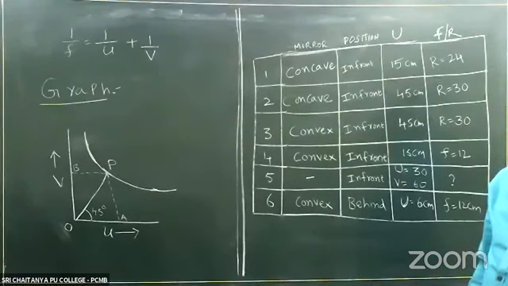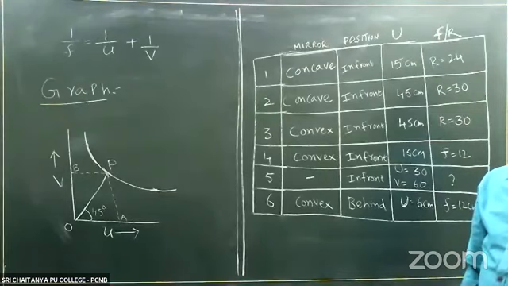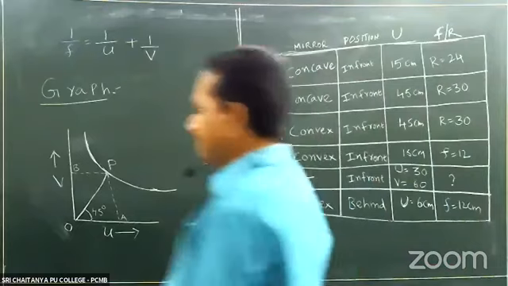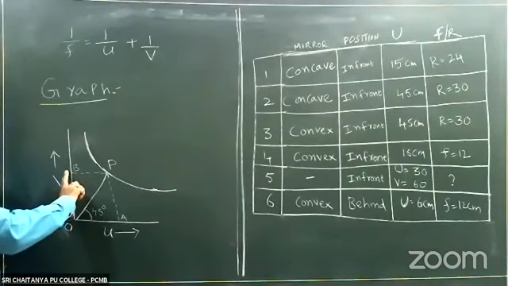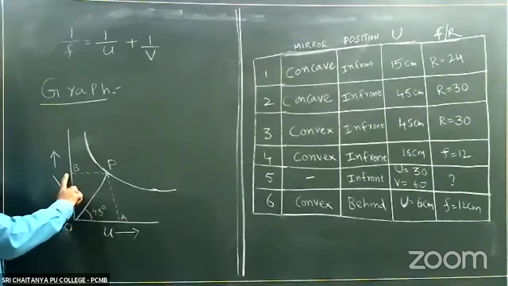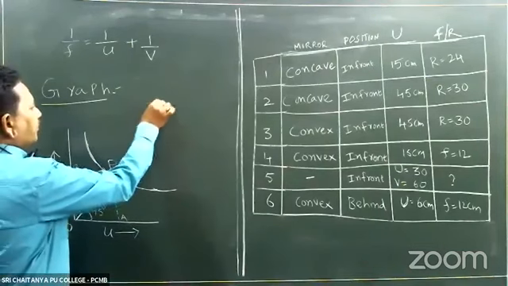Our intention is to find out the focal length of the mirror from the graph. So this is OA and this is OB. OA is the object distance. OB is the image distance at the point P. Write down tan theta, the slope.